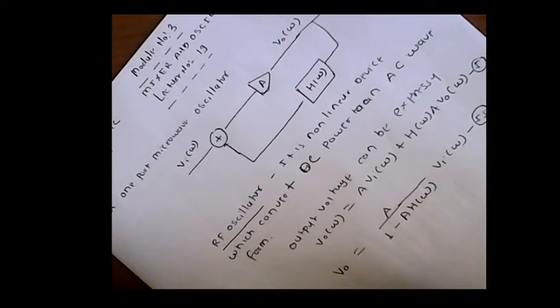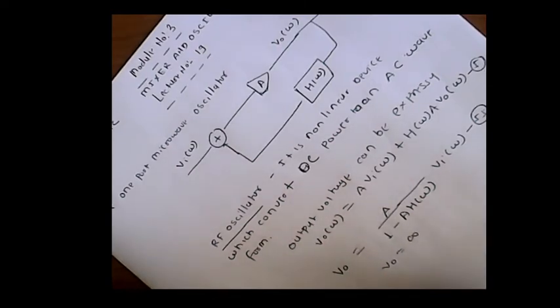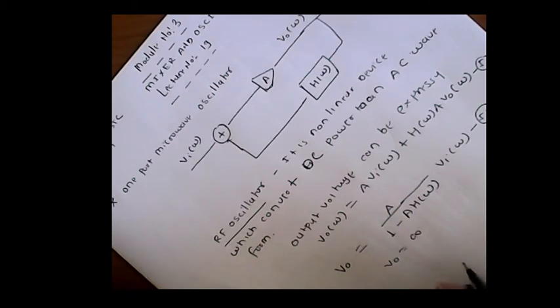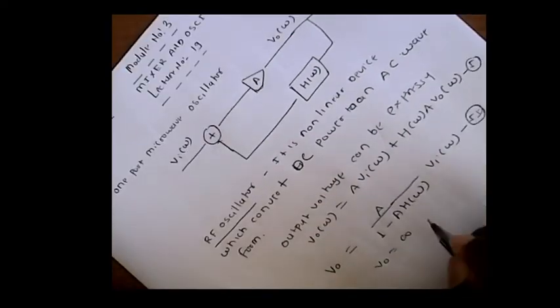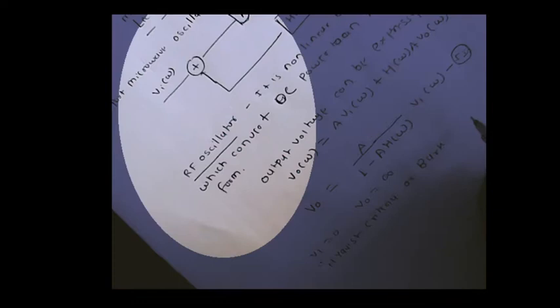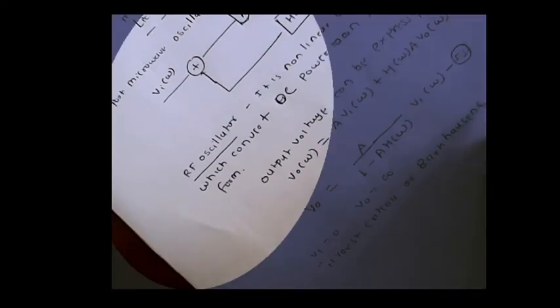This is known as the Nyquist criterion, or the Barkhausen criterion. So this is about the RF oscillator.